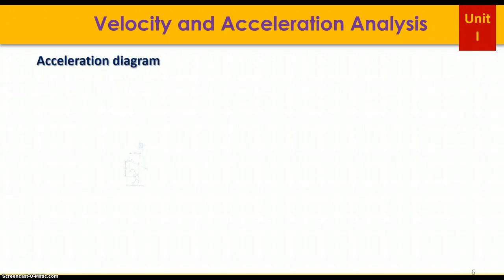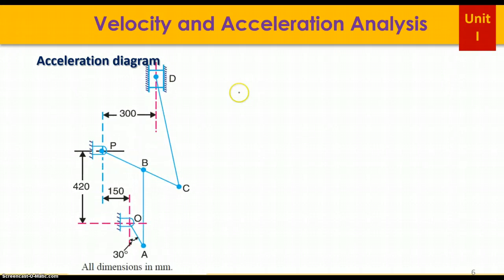And for that, you have this space diagram, and to draw acceleration diagram, you have to take scale. I will take scale. 1 centimeter is equal to 15 meter per second square. Okay.